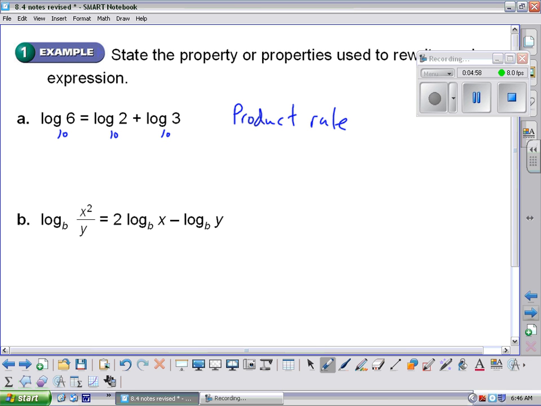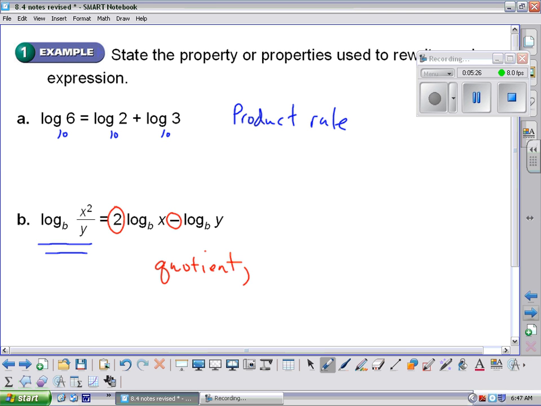Now in part B, there's all log base b, and I have division, x squared over y. So I have two rules going here. This subtraction was because of my quotient rule. And also, this 2 is out in front.